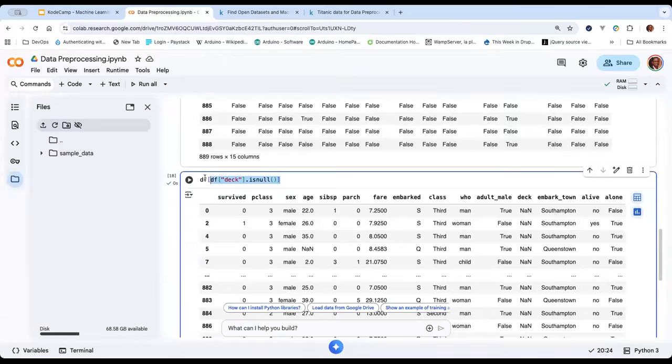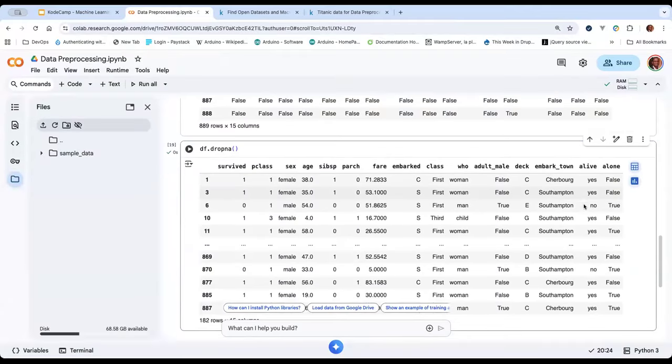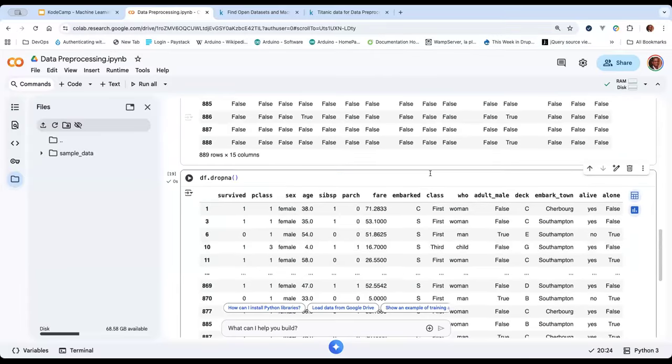To do that, you would use df.dropna. If you do df.dropna, basically it's going to drop every row that has no value, whether it is in the deck or elsewhere. So you can see that NaN that we have here is gone, right? So in this case, I just dropped all the rows that didn't have any values.